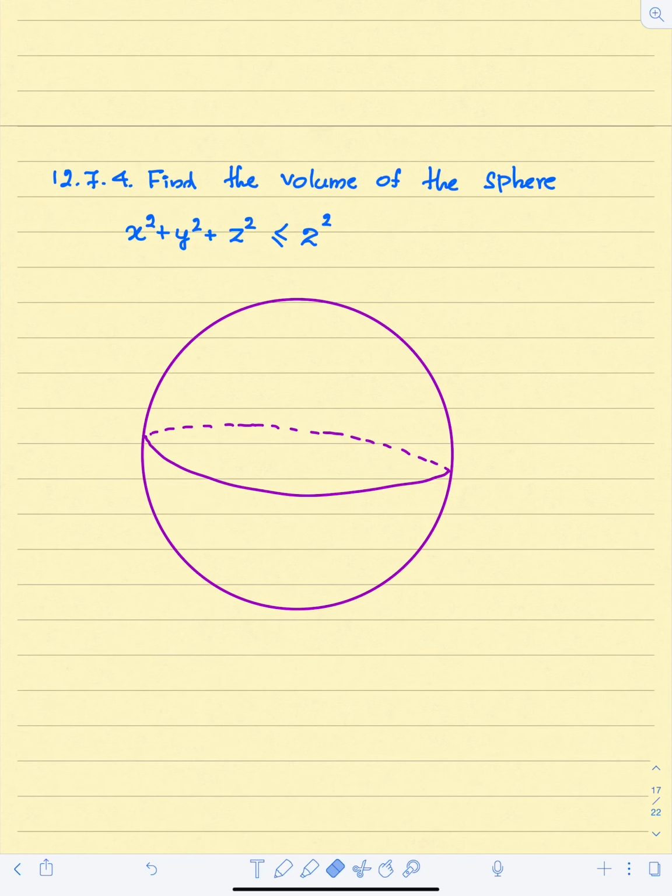Okay, so this is a sphere. Maybe we have a similar circle like this.